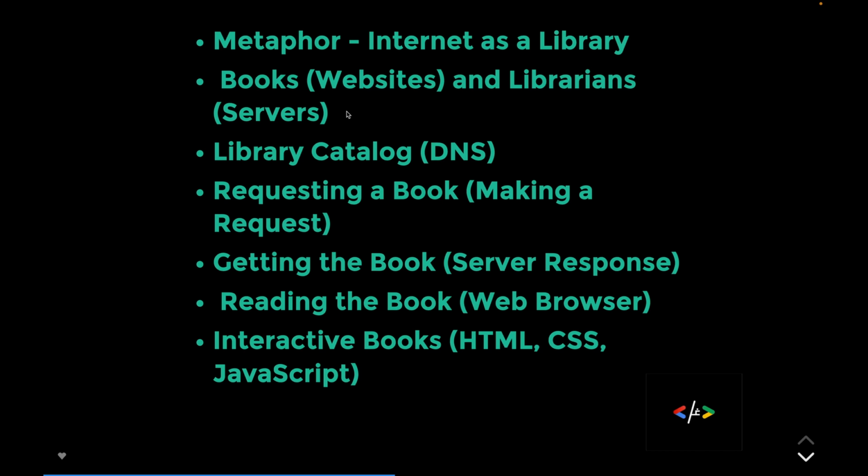Don't forget the DNS, the catalog, that's the DNS, domain name system, has already translated the human readable address into the real address itself, or let me say in this case of the library, the catalog. So the librarian will now check the catalog, find the book for you, that's the website, and give it to you. That's the response, the server response.